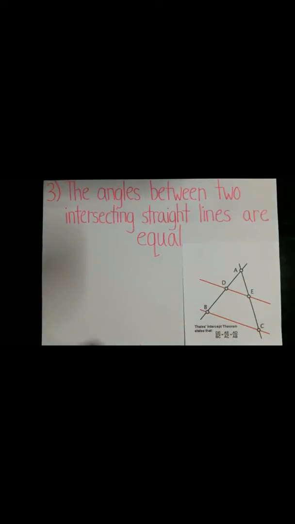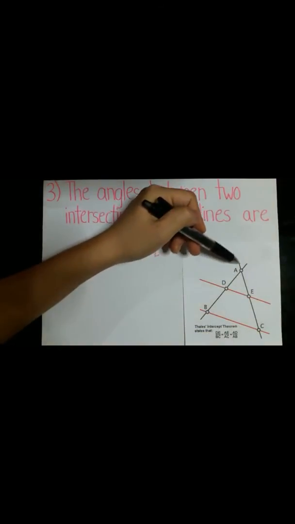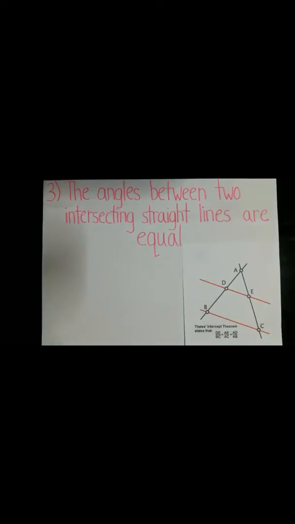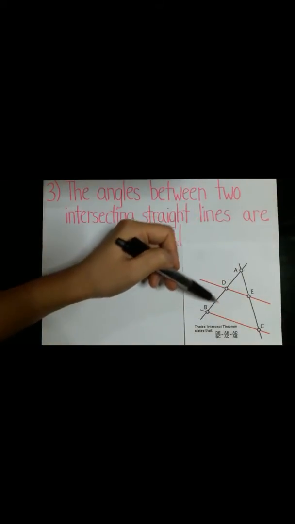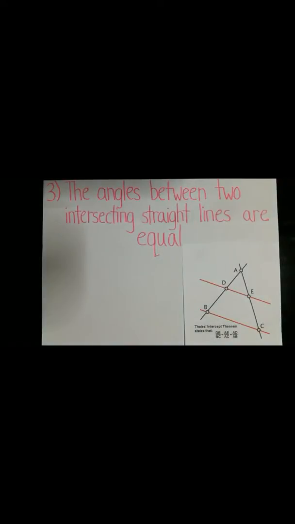And AD, right here, is proportionate to AB. The angles between two intersecting straight lines are equal, and they are proportionate to each other. Since all the sides fall into proportions, then we can say that the angles formed are equal.